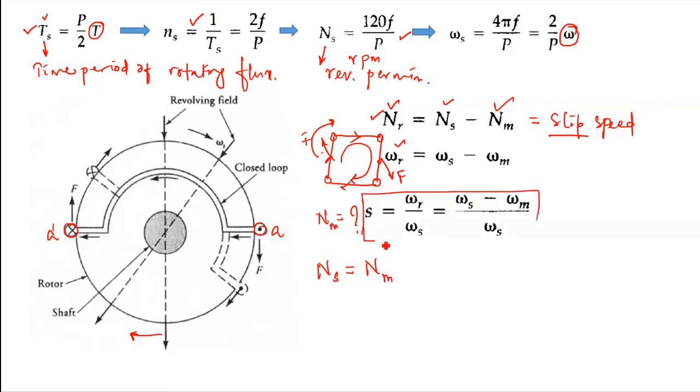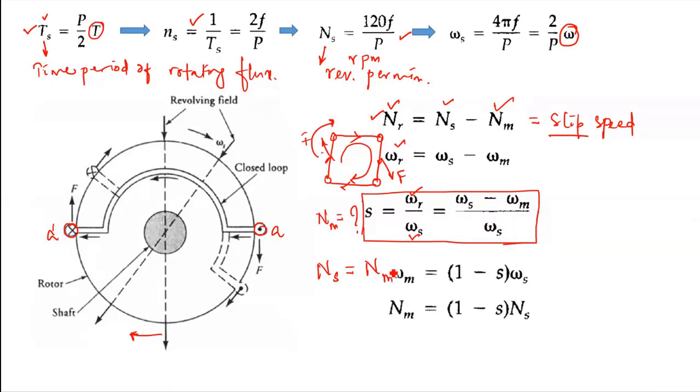Slip is nothing but the relative speed between the rotating magnetic field and the rotor speed, divided by the speed of the rotating magnetic field, that is the synchronous speed. So that will give me the slip. So slip s is omega s minus omega m by omega s, right?